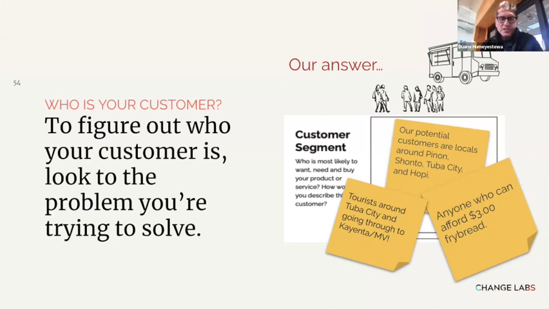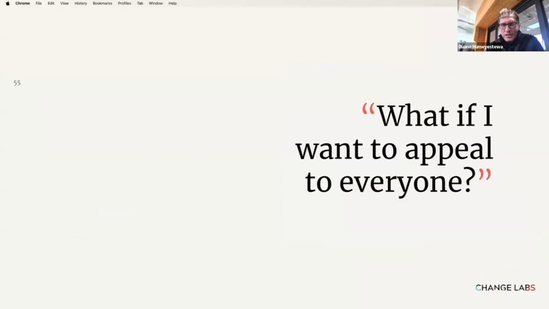Idea Validator Worksheet. And then on the next slide too, we have to ask ourselves, as we develop the customer segmentation, what if I want to appeal to everyone? And I brought this up. You look at the wider scope and the broad market base, and the tendency is that we want to try to appeal to everyone.